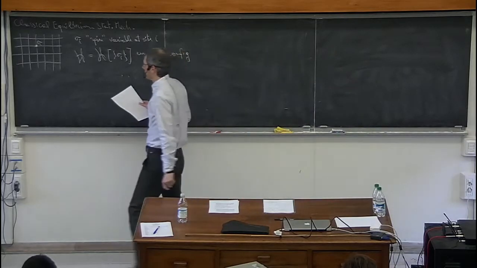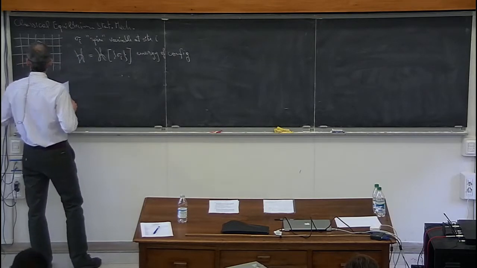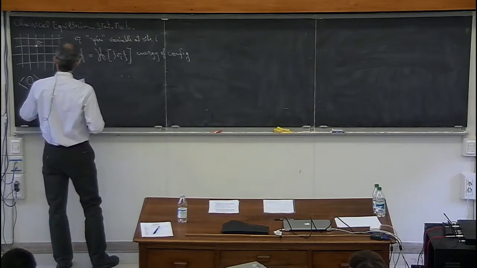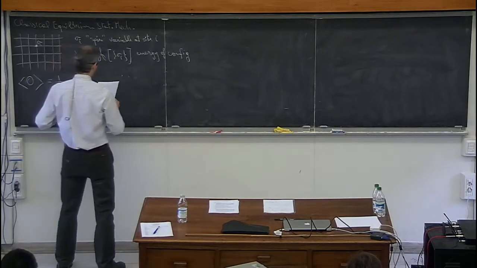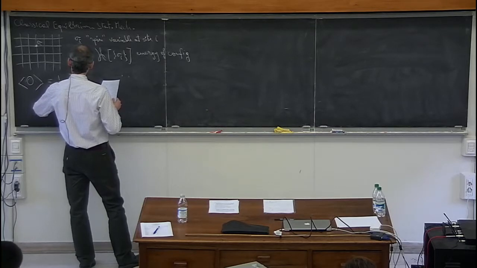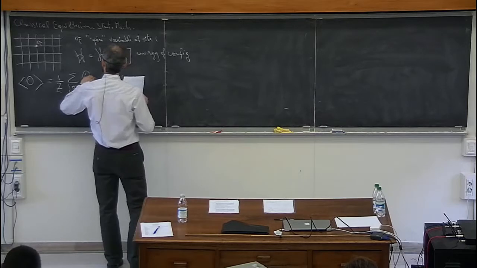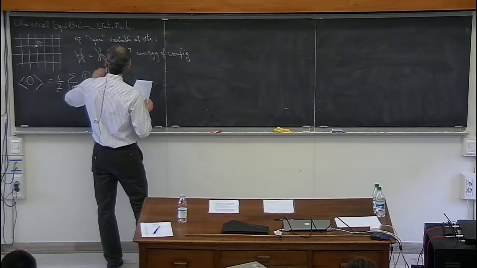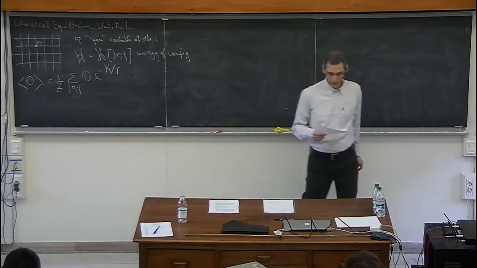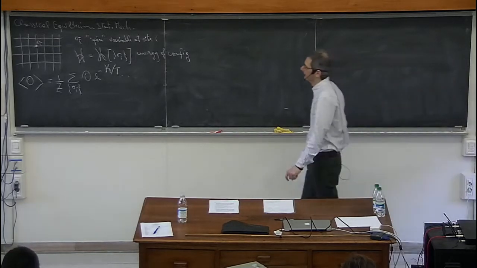Then with this, we can take statistical averages of a generic observable O in the usual form, 1 over Z, sum over all configurations, the observable, and then the weight exponential minus the Hamiltonian, the energy over T, where T is the temperature.